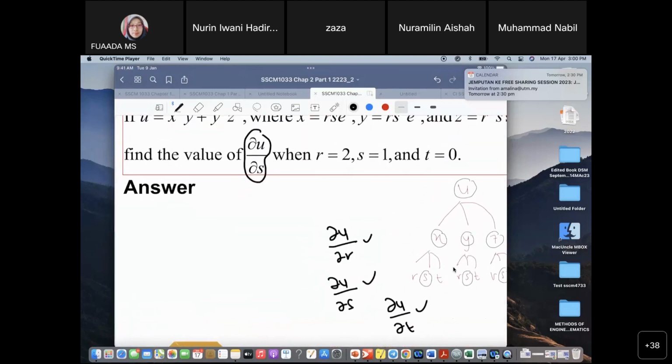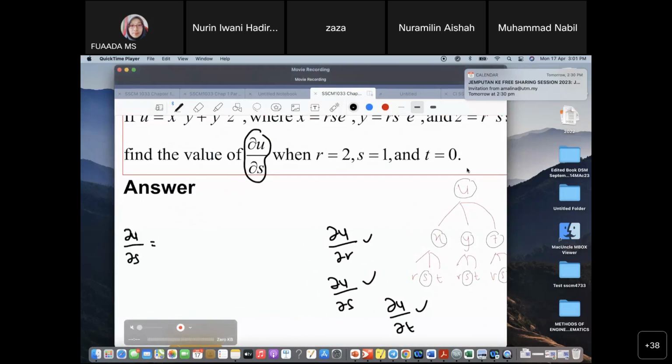So, what is the chain rule? Apa formula dia? So, del U, del S is given by, so the first term, U ke X, X ke S. So, U ke X nak tulis apa? Value dU/dX darab dengan dX over dS. Betul. U, X, X, S. Okay.